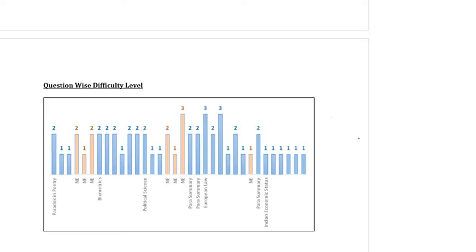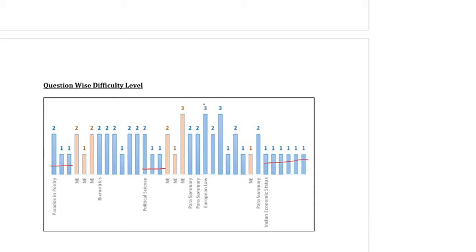For instance, here, when I look at the one on India's economic status, observe that all its questions were on the easier side. Similarly, the RC on political science had only easy to moderate questions. The same was the case with paradox in poetry. So these three were the RCs which really had only easy to moderate questions.